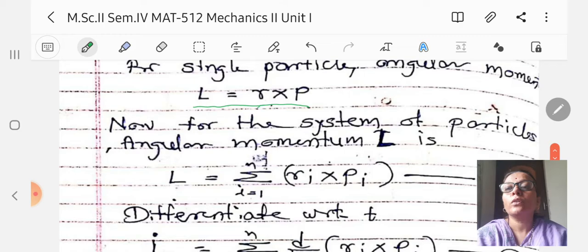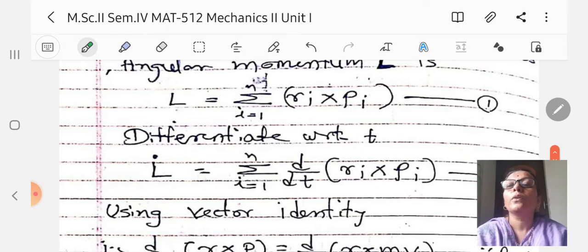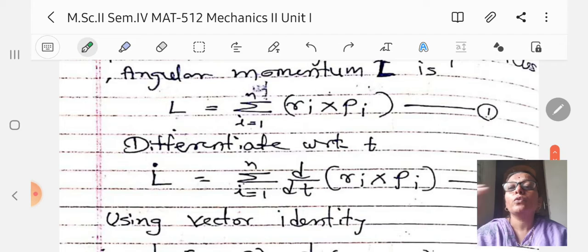The first equation was for a single particle, and this is for a system of particles. Now differentiate this equation with respect to t. Therefore we can write L dot equal to summation i from 1 to n of d by dt of Ri cross Pi.